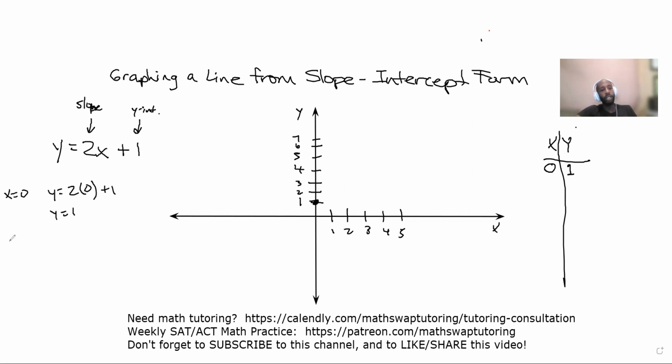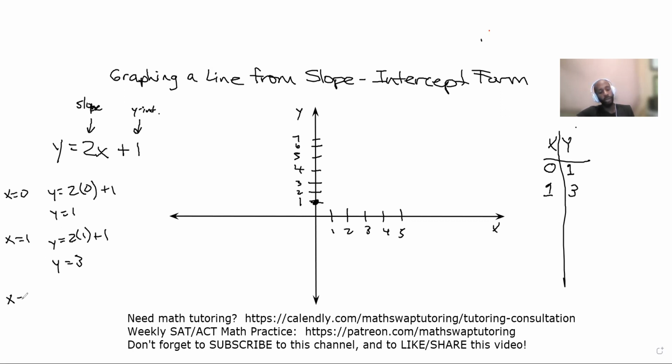All right, anyhow, so what about when x is equal to 1? y is going to be equal to 2 times 1 plus 1. So 2 times 1 is 2, plus 1, so y is going to be equal to 3. So when x is 1, y is 3. What about, let's go in the other direction.